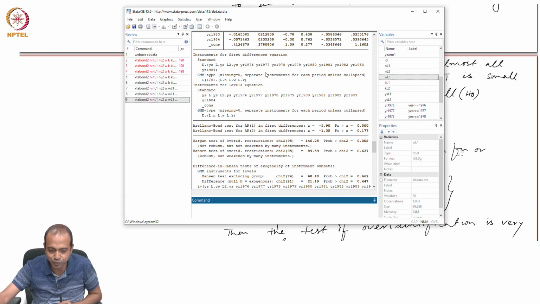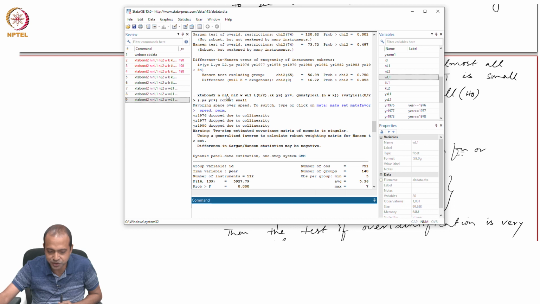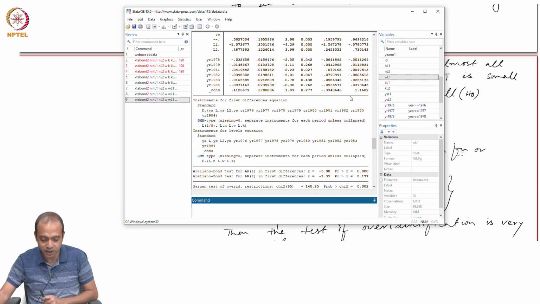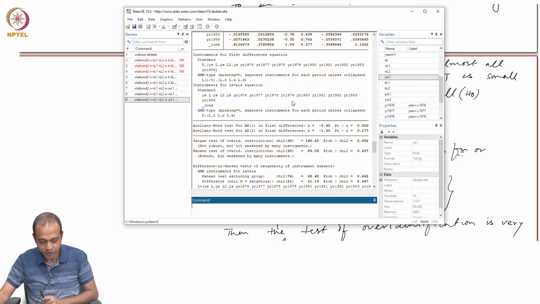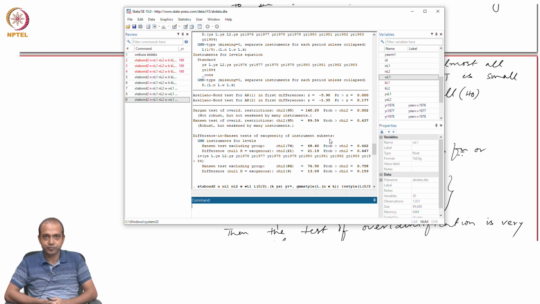If you look at the command, we are specifying the model first and then specifying which is endogenous and which is exogenous by the GMM style and IV style, right. So, there must be a test whether this specification is correct or not, and that is also given in Stata. After the Sargan and Hansen test, they are also telling you the difference-in-Hansen test of exogeneity. Okay. So, we will talk about this later, right.